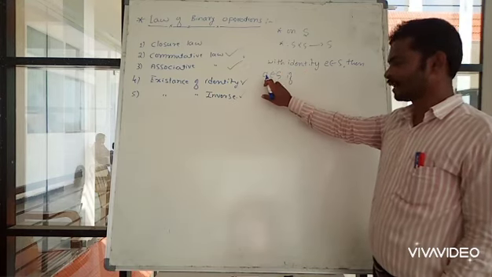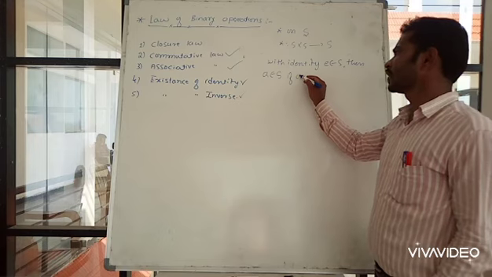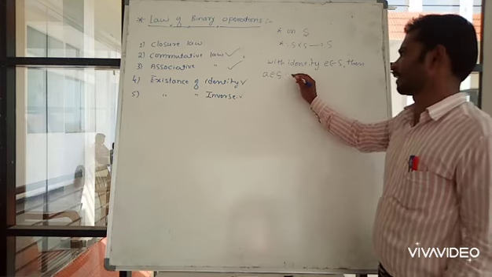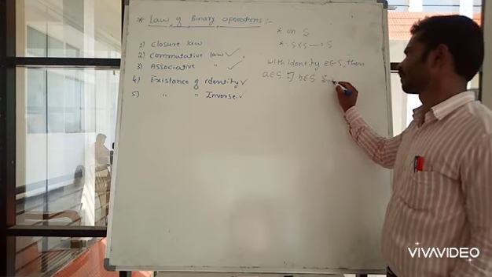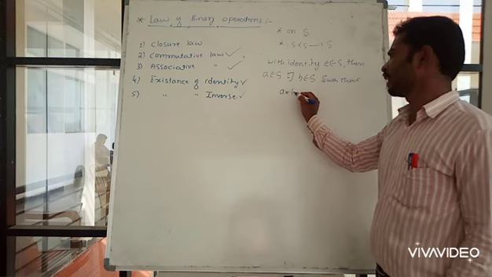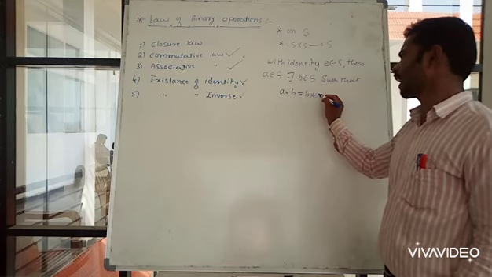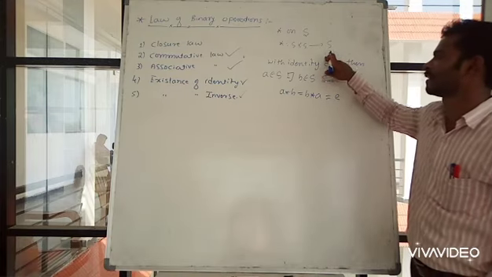The condition is that there exists another element B in S such that A star B is equal to B star A is equal to the identity element present in this set S.